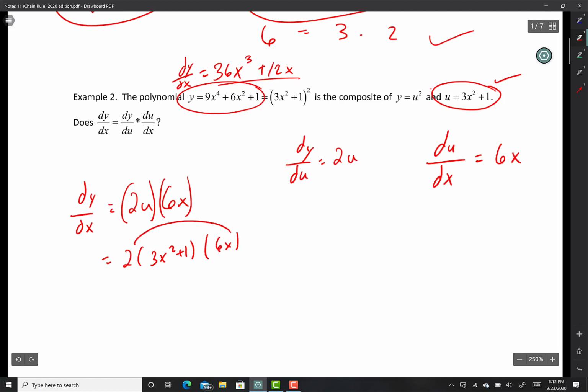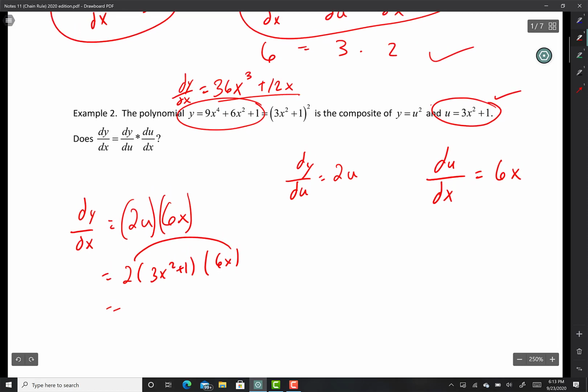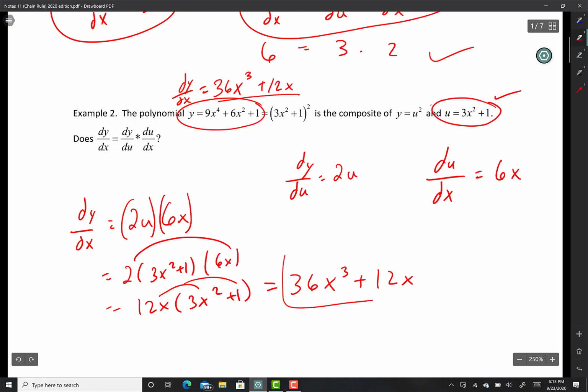And if I want, I can multiply that 6x times 2 there to avoid possible headaches. So you have 12x times 3x squared plus 1. And now I can just distribute like so. 12 times 3 is 36, so 36x cubed plus 12x times 1, 12x. And notice, voila, you got the same thing.